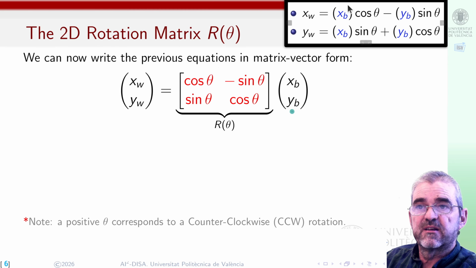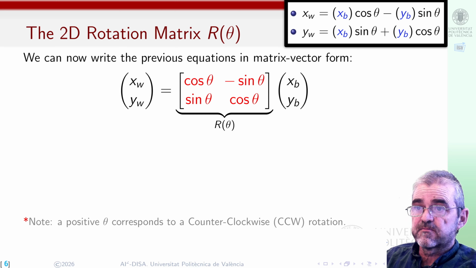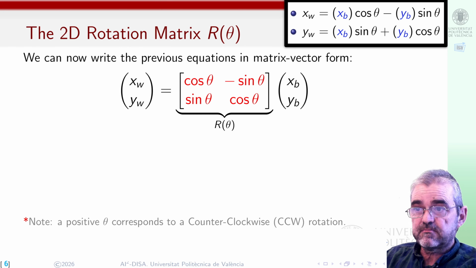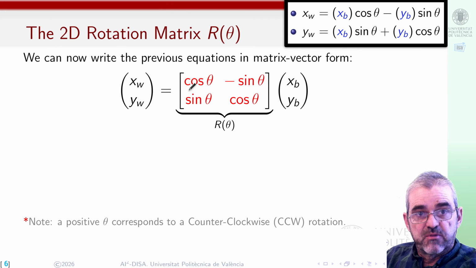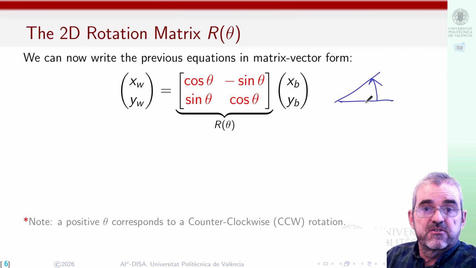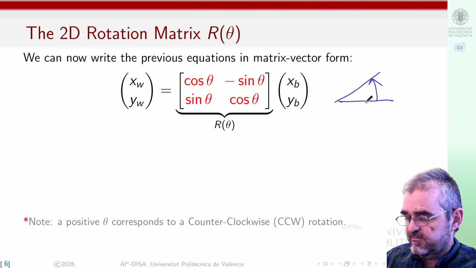First row will encode the first equation, second row encodes the second equation, so we have it. And then this thing will be called rotation matrix. And a positive theta means counterclockwise rotation.